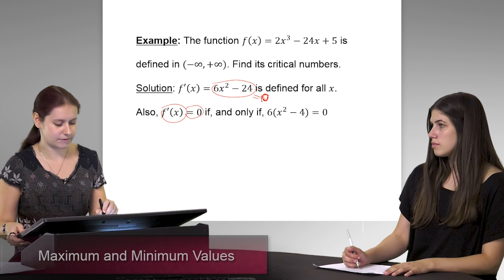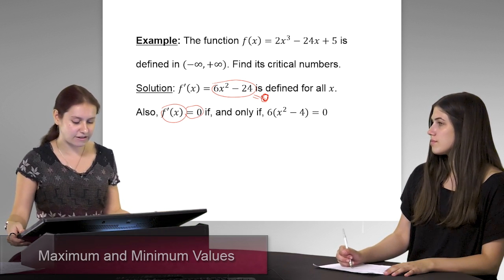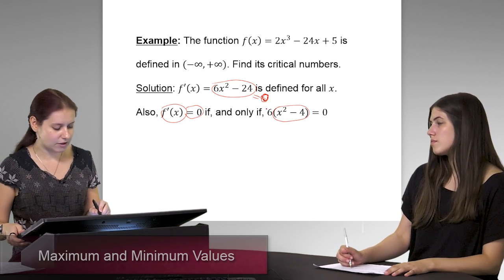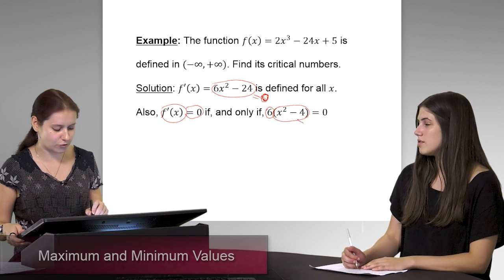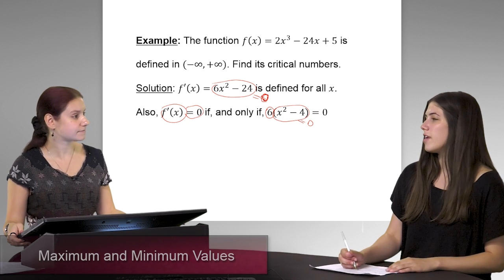Solving for x, you can factor out 6 here, and you have 6 times (x squared minus 4) equals 0. 6 is not 0, so x squared minus 4 should be 0. What solutions do you have from here? Positive and negative 2.